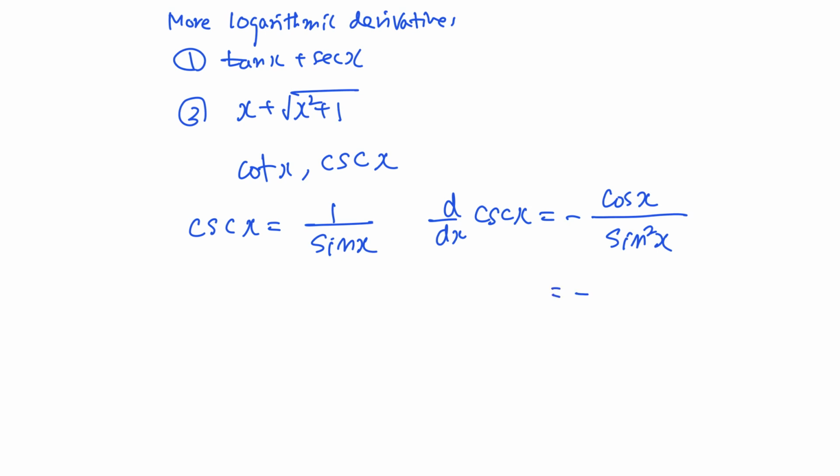So that is minus 1 over sine x times cosine x over sine x, which is minus cotangent x csc x, right?